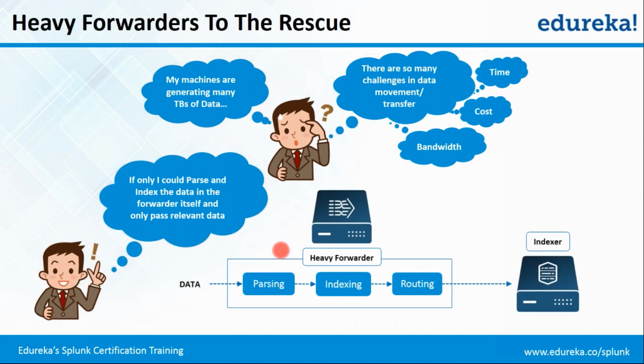It does one level of data processing at the source itself before forwarding the data to the indexer. It typically does parsing and also intelligently routes the data to the indexer, thus saving on bandwidth and storage space. So basically, when a heavy forwarder is used, the indexer only needs to handle the indexing segment. How awesome is that, huh? Yeah, that's what I figured.